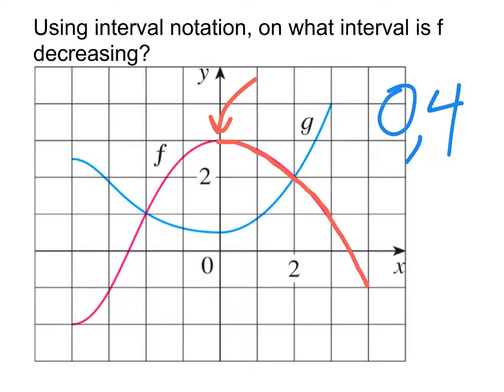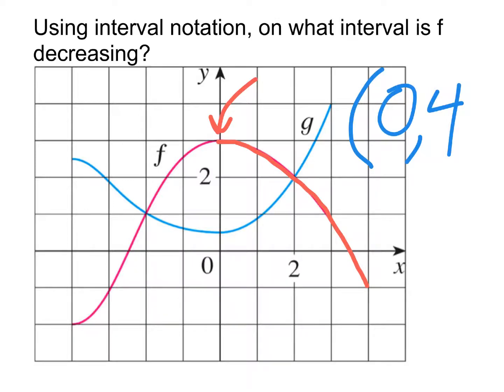The reason is that at 0 itself, it's flat. If we were to zoom way into that point, you'd see something that was flat. It has a slope of 0. Because of that, is it decreasing at 0? No. It's decreasing to the right of 0, though, which is why we still use 0 as our number. But in order to say that it's not included, we use that round parenthesis.